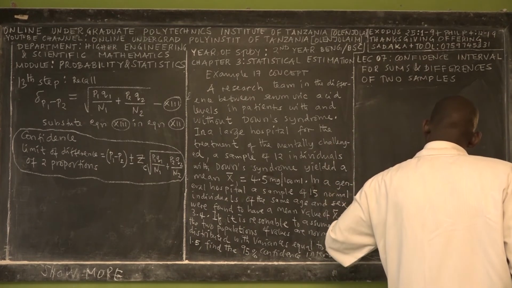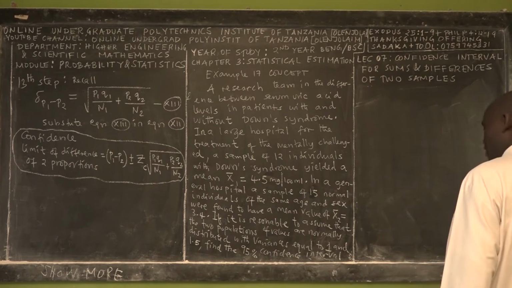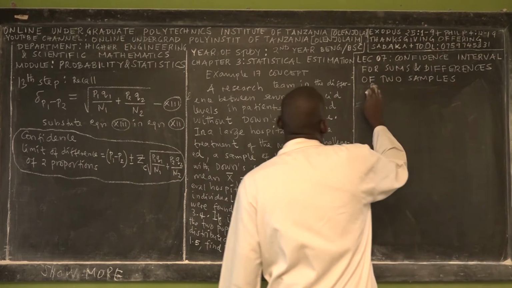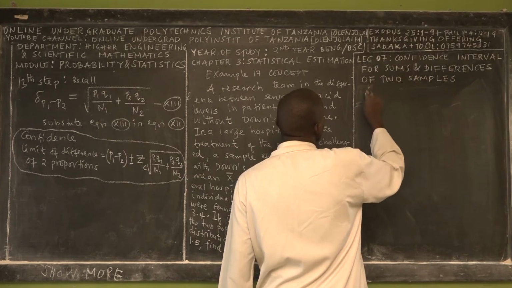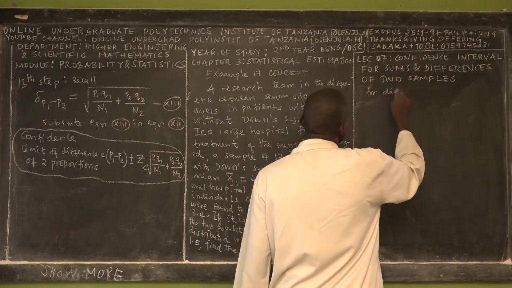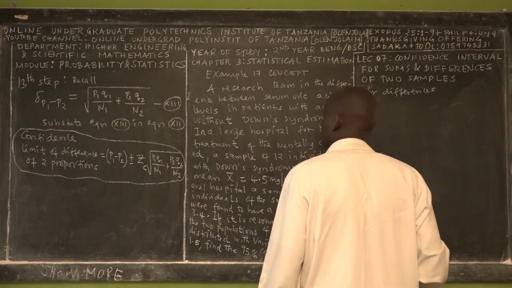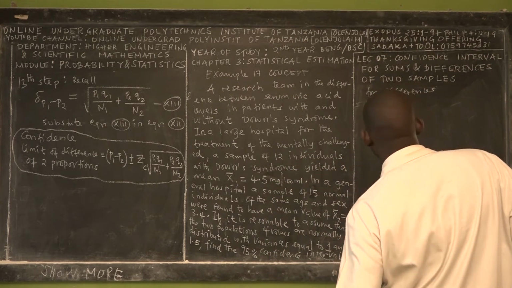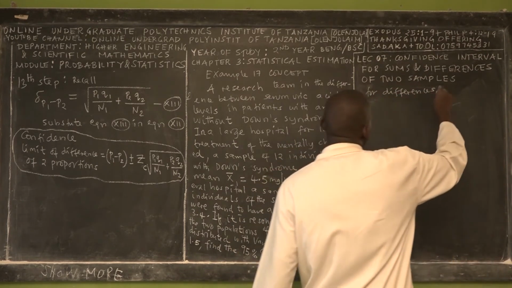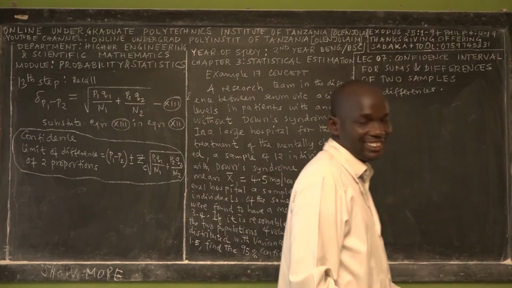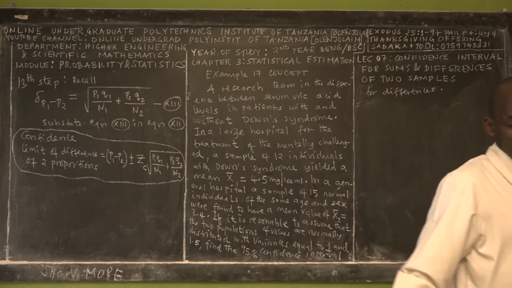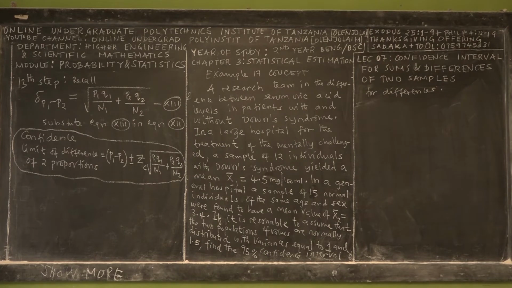Find the 95% confidence interval for differences. That's the question we have. Copy the question and let us read what has been stated.